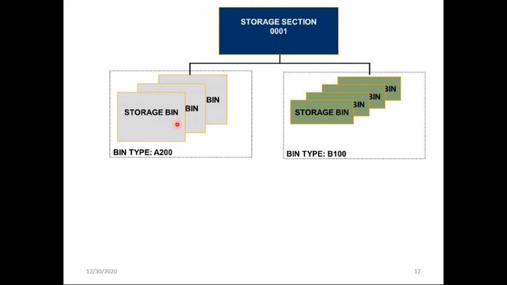You can see the green and gray color of the shapes, and based on that size, that kind of pallet or boxes are placed in this bin. This kind of boxes and pallets are placed in this type of bins. So you assign bin types to the storage bins when you are defining them, and then it allows and controls the storage of particular sizes and dimensions.